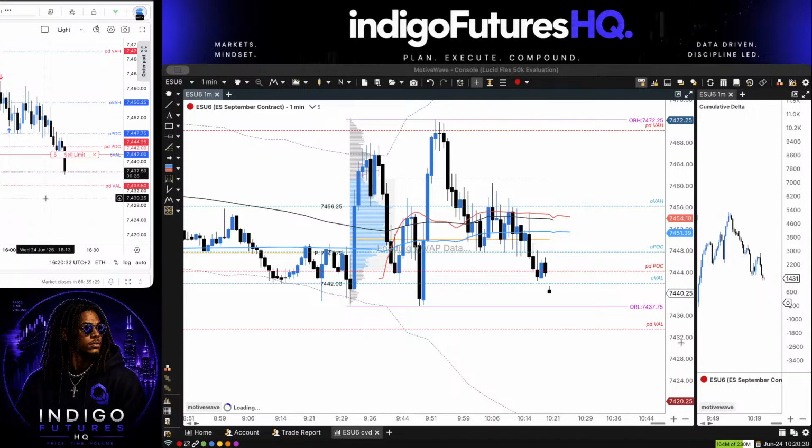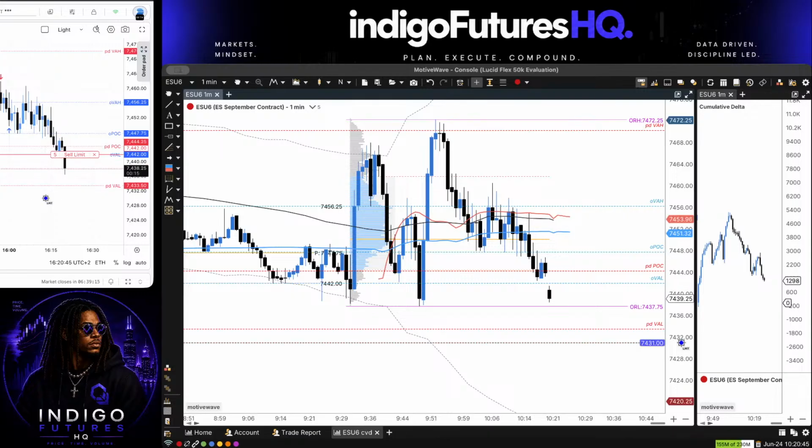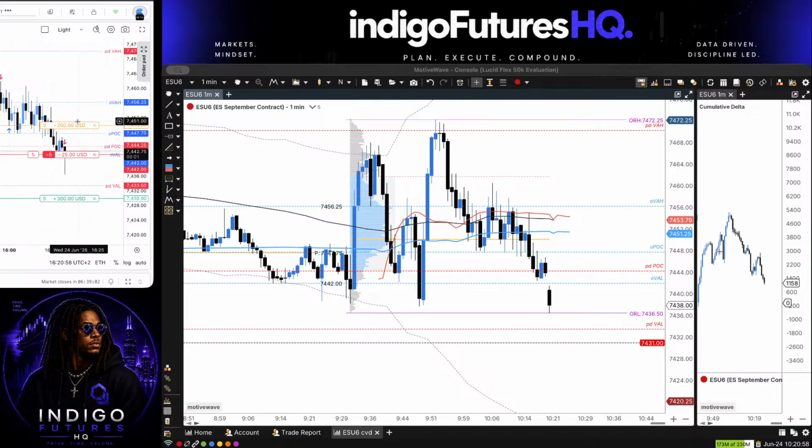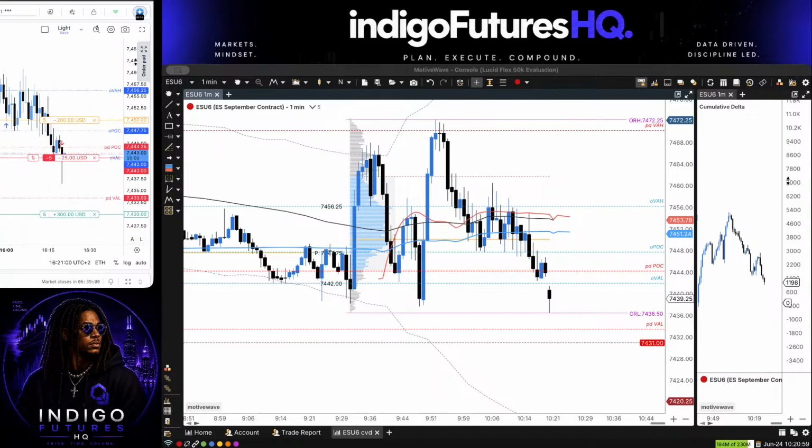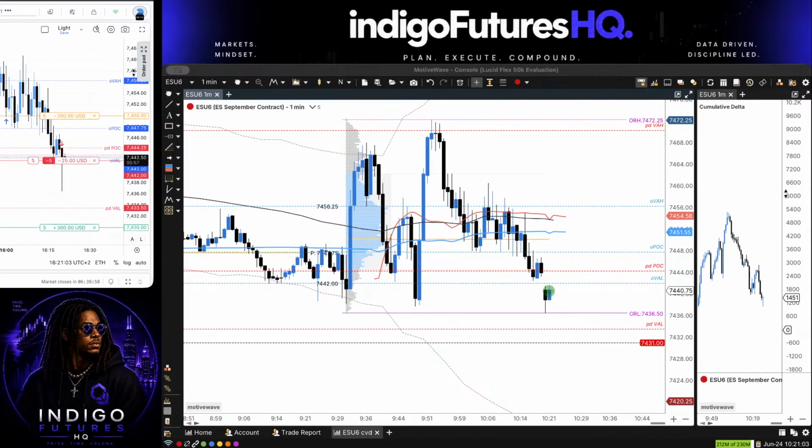Let's see. Am I the bozo? Am I the idiot? Unless we get that previous day value area low in one swoop. Our stop would have to go somewhere around here. $450.